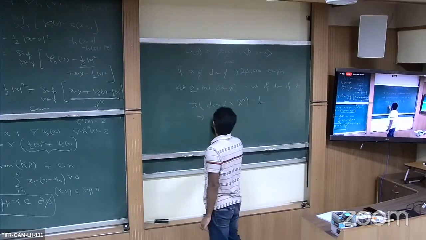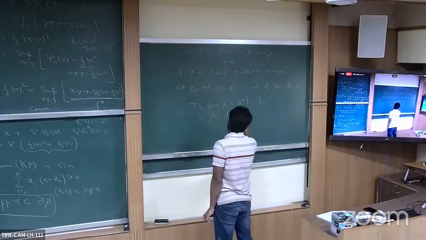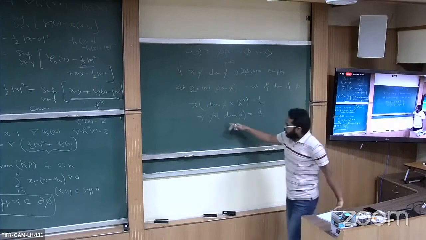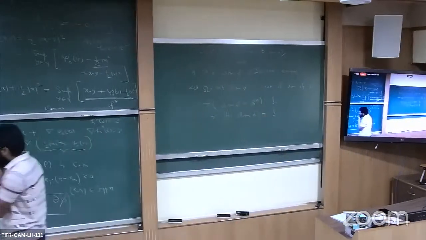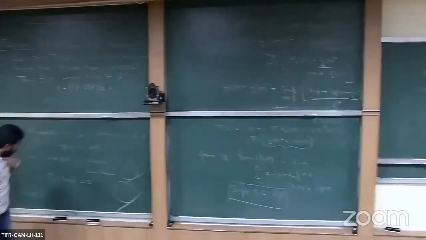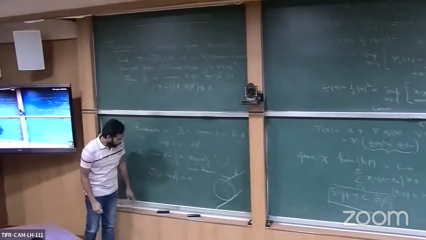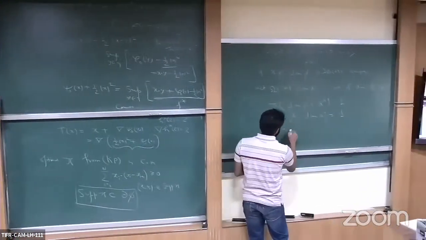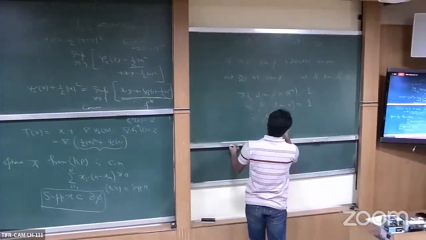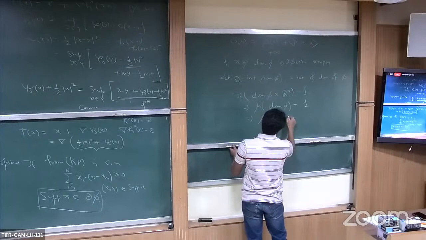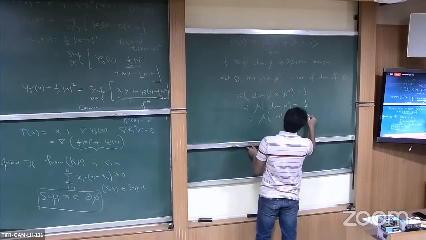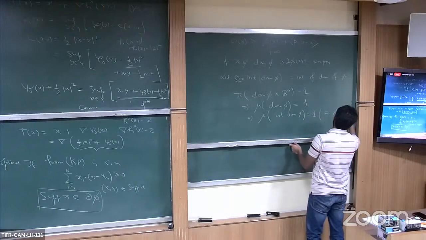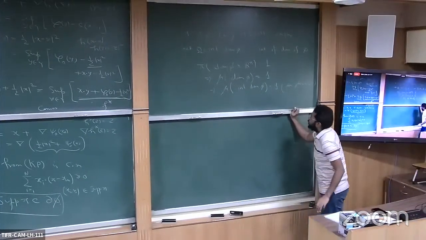This implies that mu of the domain of phi has full mass, by the marginal condition. And mu is absolutely continuous with respect to the Lebesgue measure, so the boundary doesn't give mass to such small sets. So this implies that mu of the interior of the domain of phi has full mass.